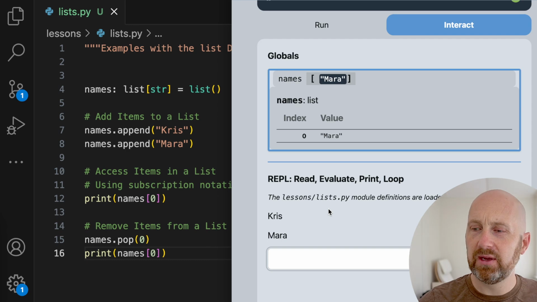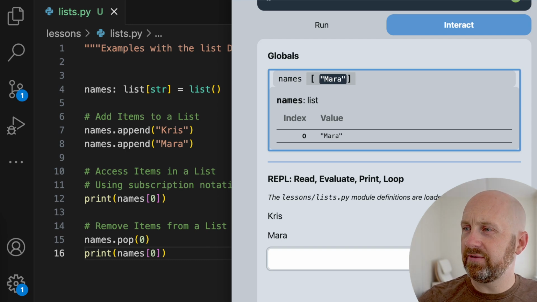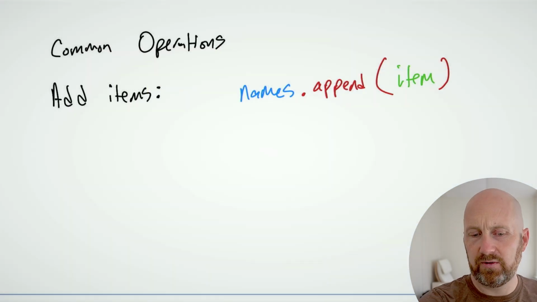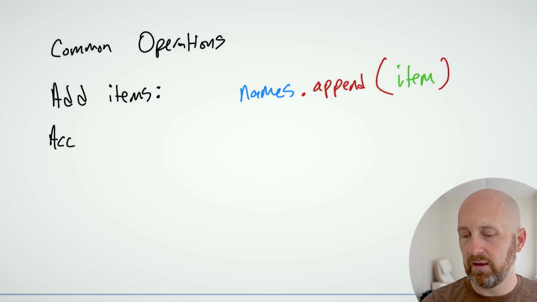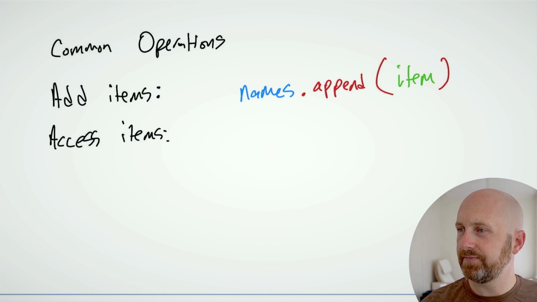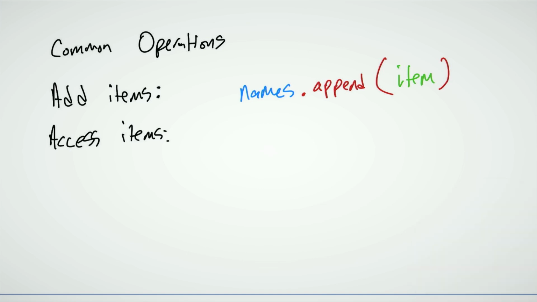But I just want to mention that because there is a cost to popping something and having to shift everything else up. So let's jump back to our notes and make sure that we've got notes on these two operations as well. So access items. The way that we access items is with subscription notation. So here we have names, and then we use subscription notation. And in this subscription notation, I'm going to write an expr of type int.